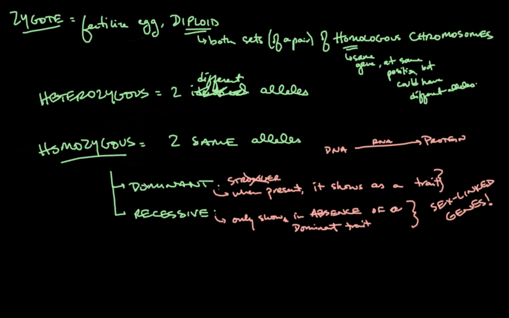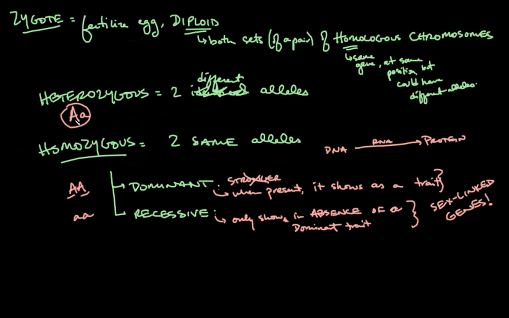When we talk about homozygous dominant, we might think of this as big A, or homozygous recessive as little a. And if we're using A's for our genes, then heterozygous is big A, little a. These two things are the two alleles. Remember, alleles are versions of a gene, so we represent the gene with the letter A, and the two versions are big and little, or uppercase and lowercase.